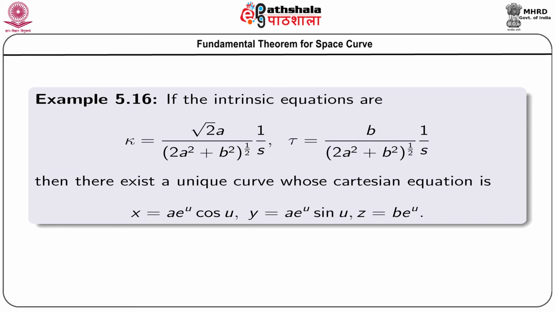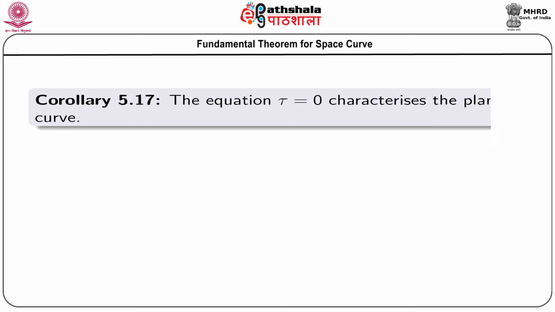That means, if kappa and tau are functions of s within an interval of s, then we have a unique space curve whose equations are given by this one.